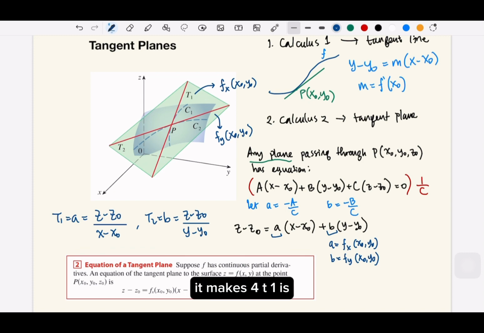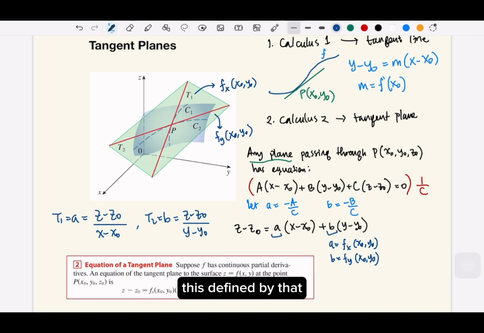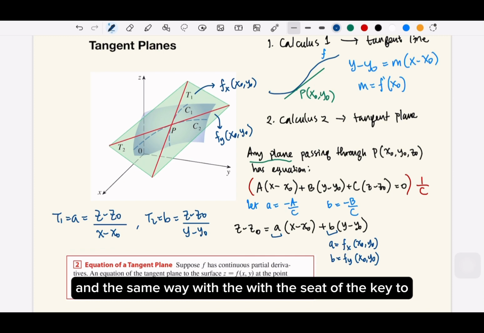It means for T1 it is z divided by x. Imagine like a triangle, it has an angle theta, the tangent of theta is this divided by that, right?